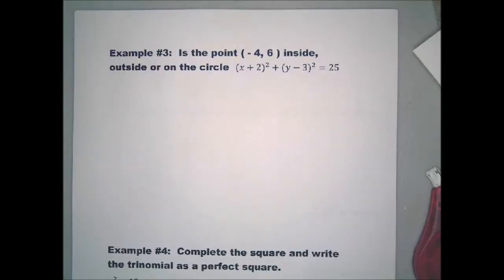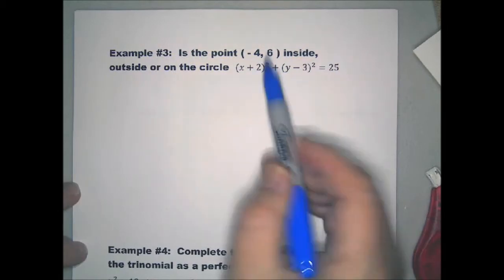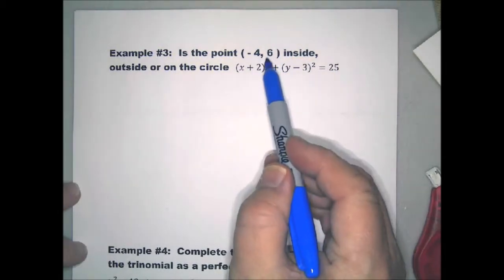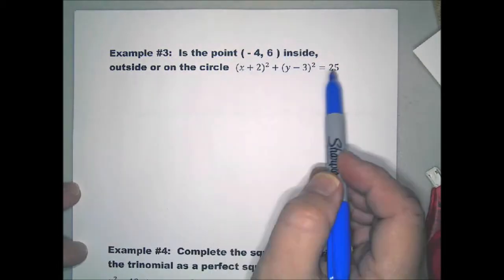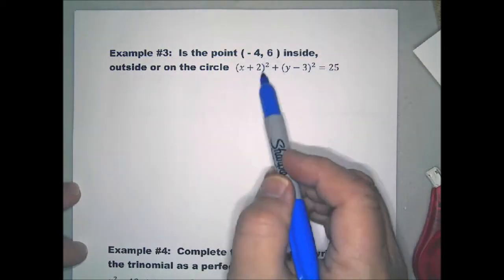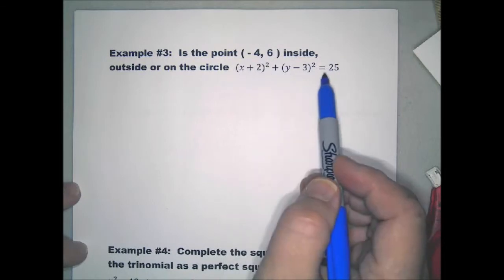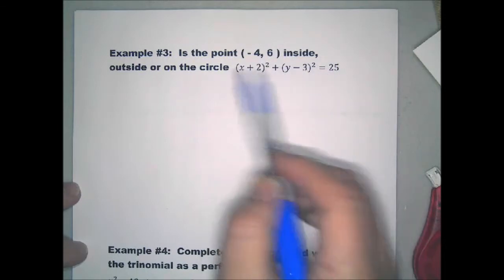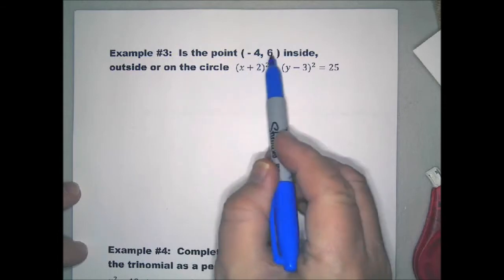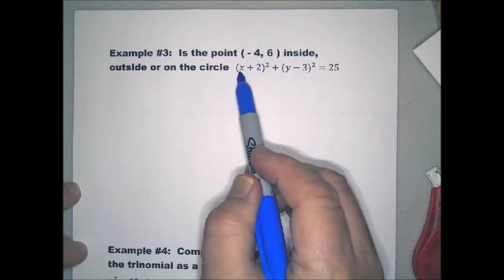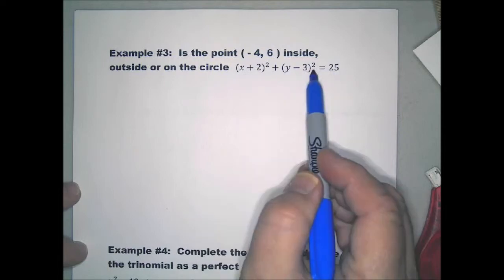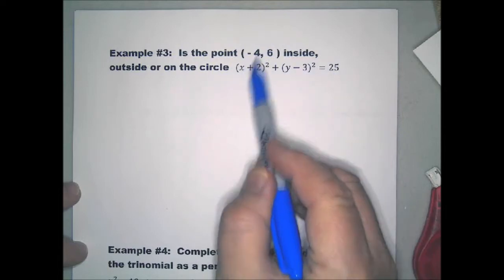Example number 3 revolves around the idea of how do you test a certain point to see whether that point is inside, outside, or on a certain circle. Well, you just plug it in and see what happens. So we've got this example right here. Is this particular point inside, outside, or on this circle? So we're just going to plug in -4 for x.